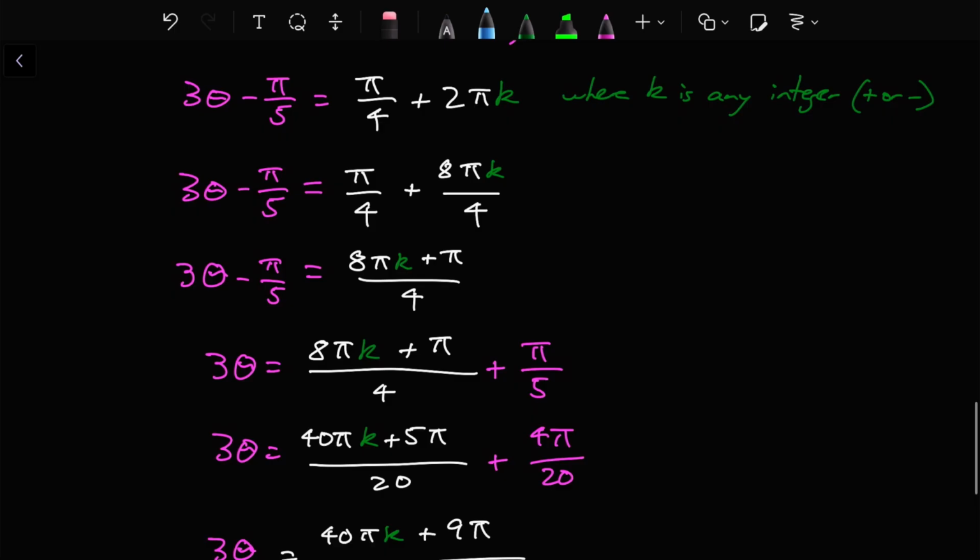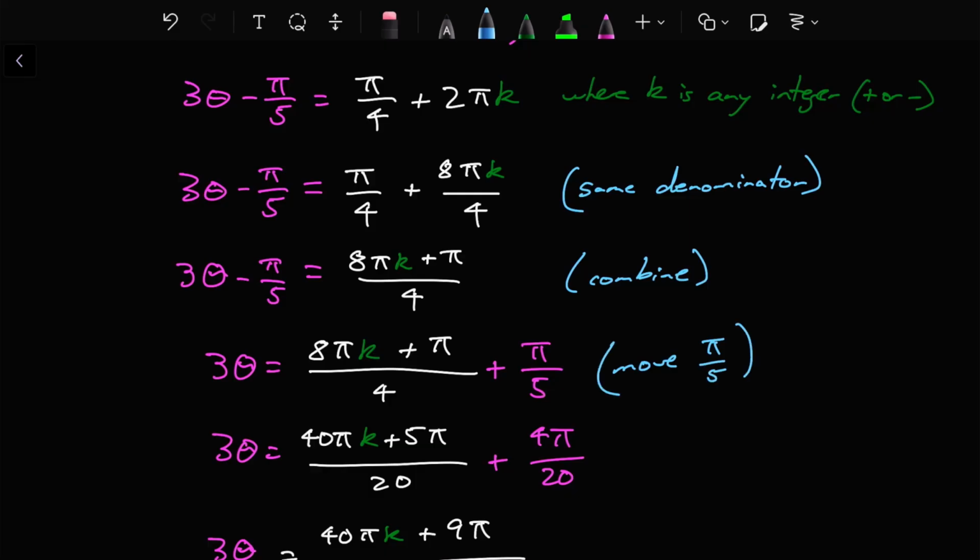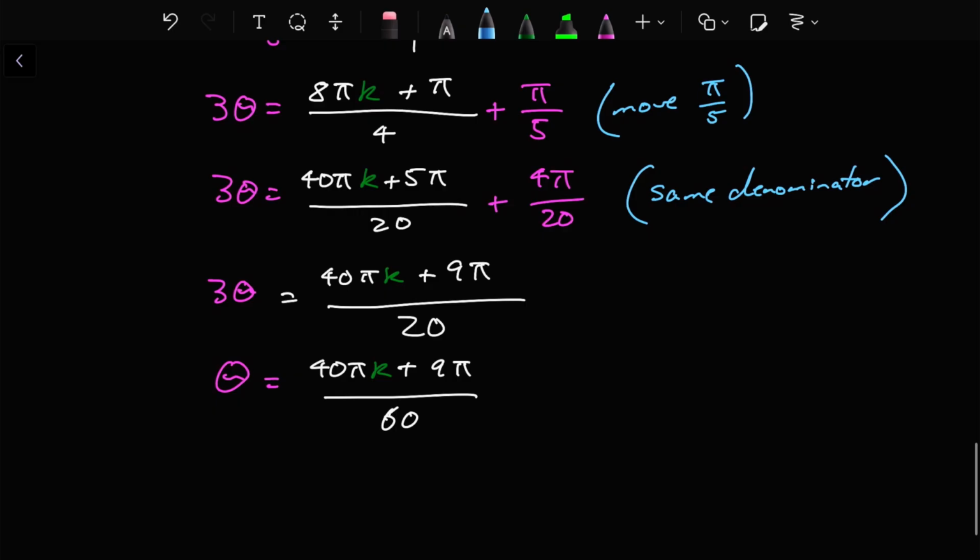So we put them on the same denominator. Combine. Move pi on 5. Same denominator. Combine.